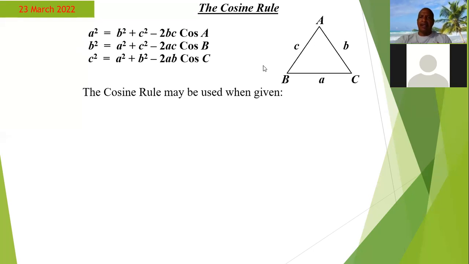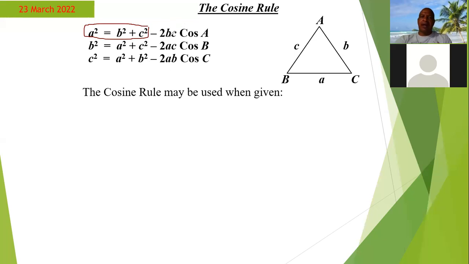Generally, if we look closely at the cosine rule, we would see that the first part of the rule would resemble Pythagoras' theorem. So that's one easy thing about the rule to remember.